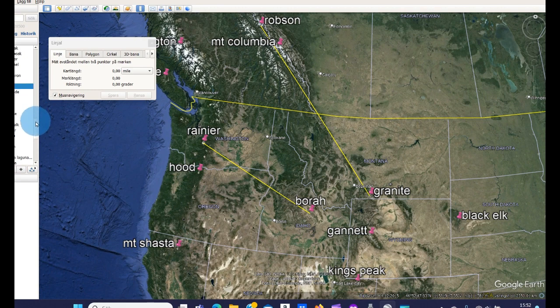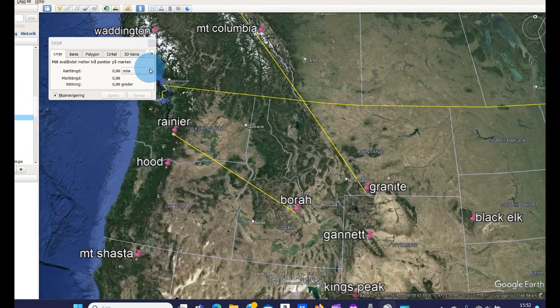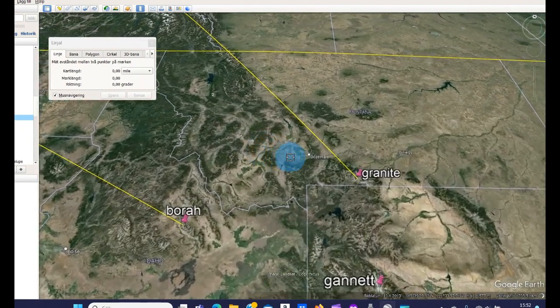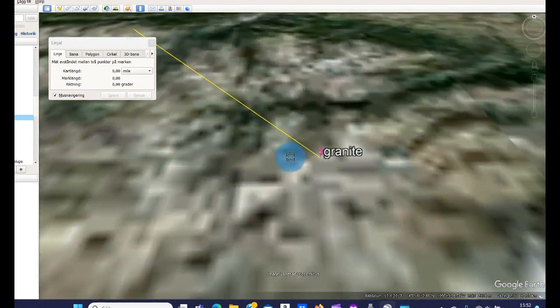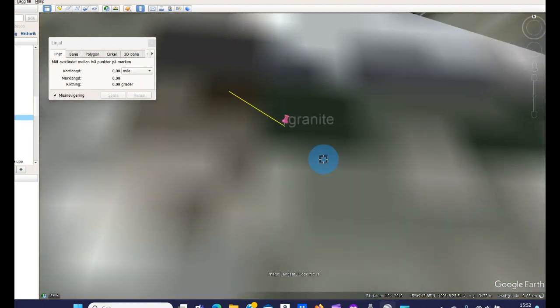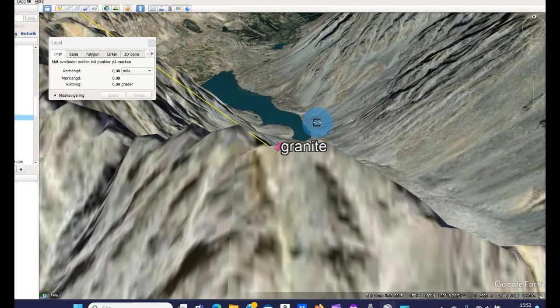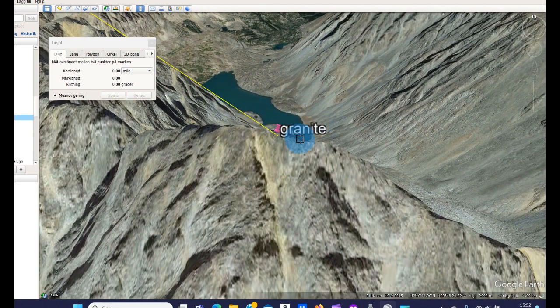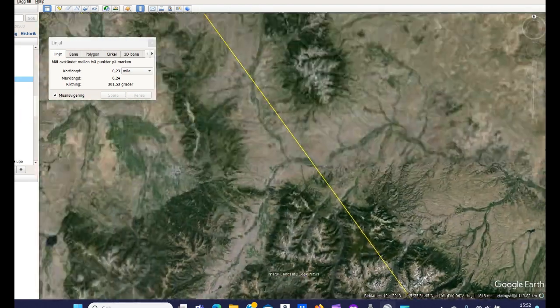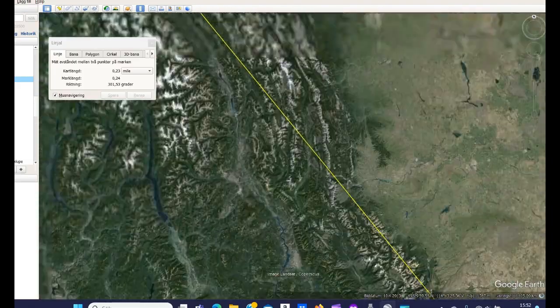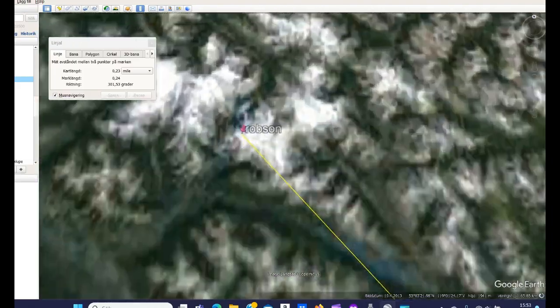So let's measure these. First, Granite to Robson. Granite Peak to Robson in miles. And here we are again at Montana's number 1 mountain peak, Granite Peak. So in miles from here up to Mount Robson in Canada, number 1 in the Canadian Rockies.